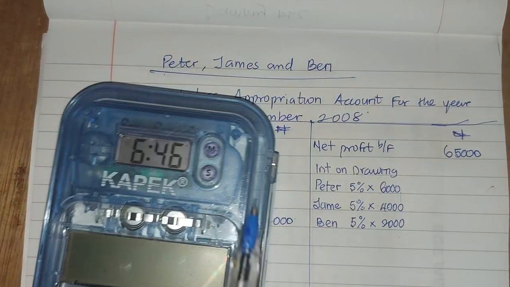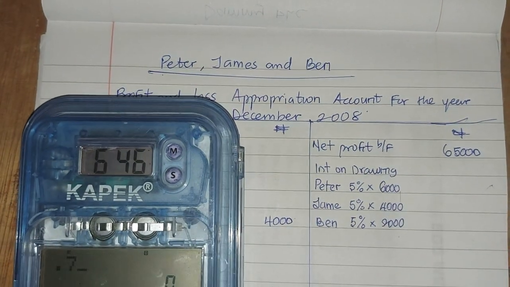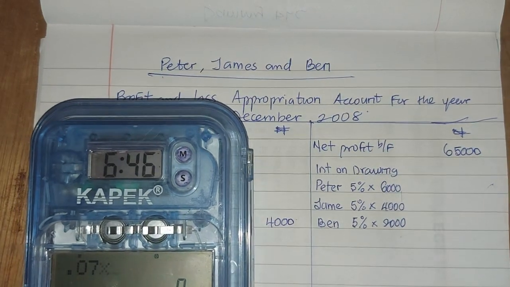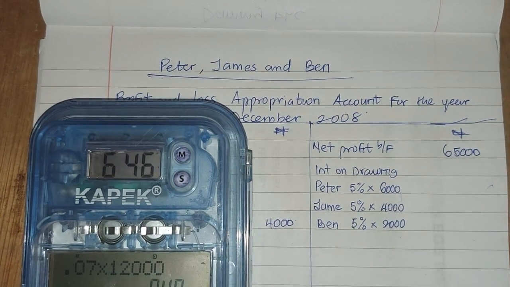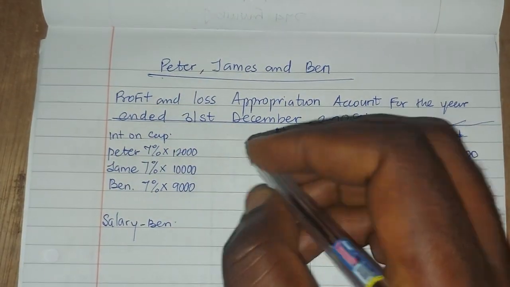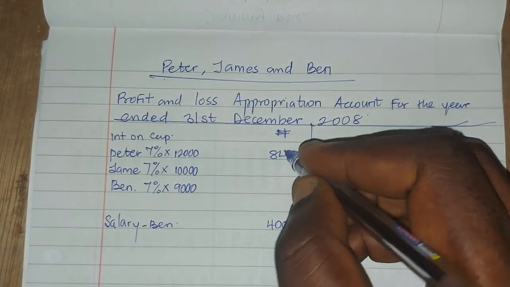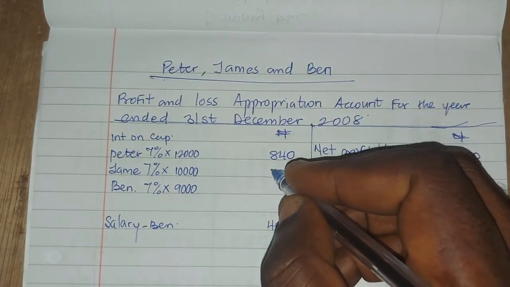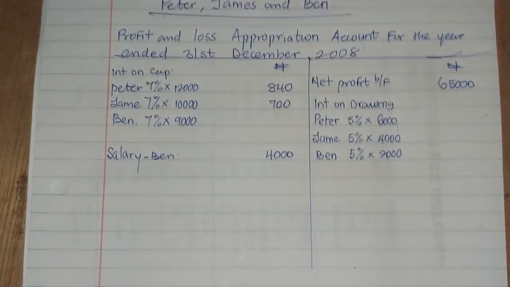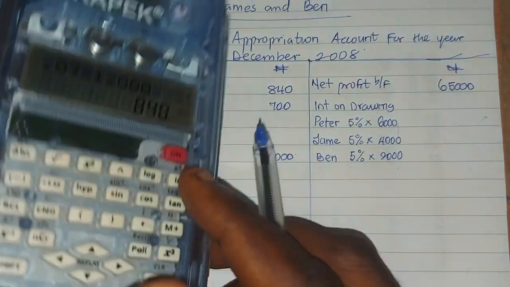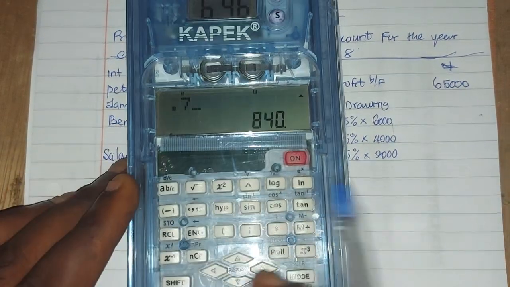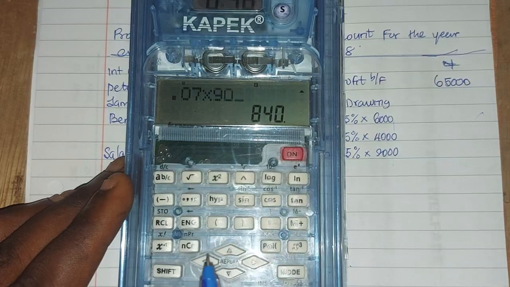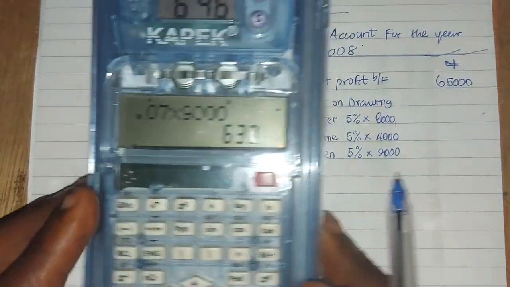So when you take 7%, we have 0.07 times 12,000, and that is 840. 7% of 10,000 is 700. 7% of 9,000, that is 0.07 multiplied by 9,000, that's 630.